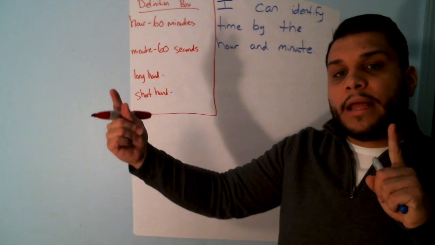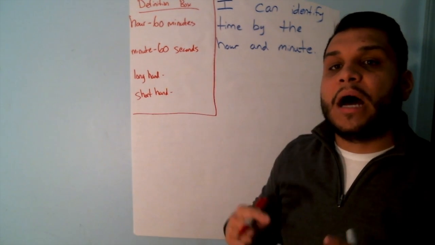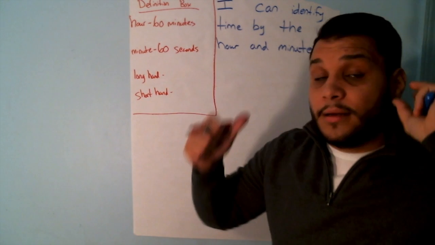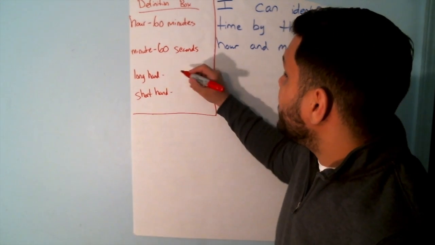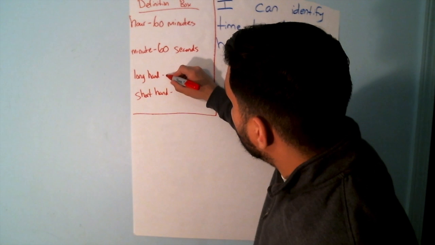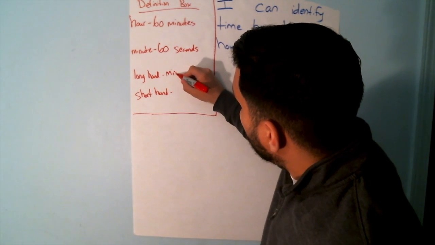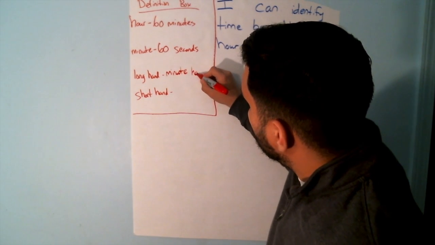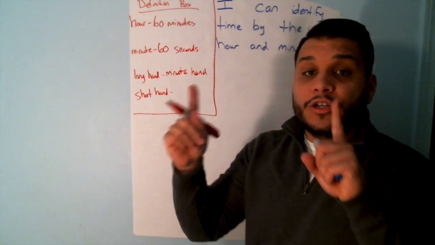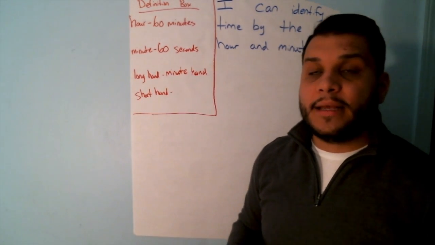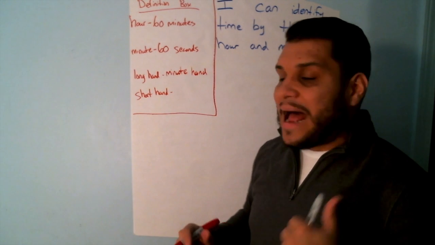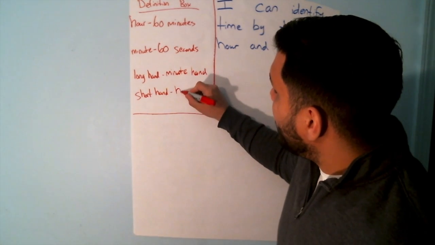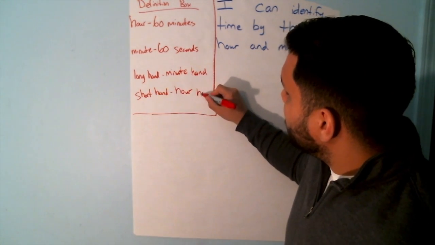My long hand is telling me how many? Amazing. How many minutes? So it is my minute hand. And my short hand is telling me how many? Yes, hours. This is my hour hand.